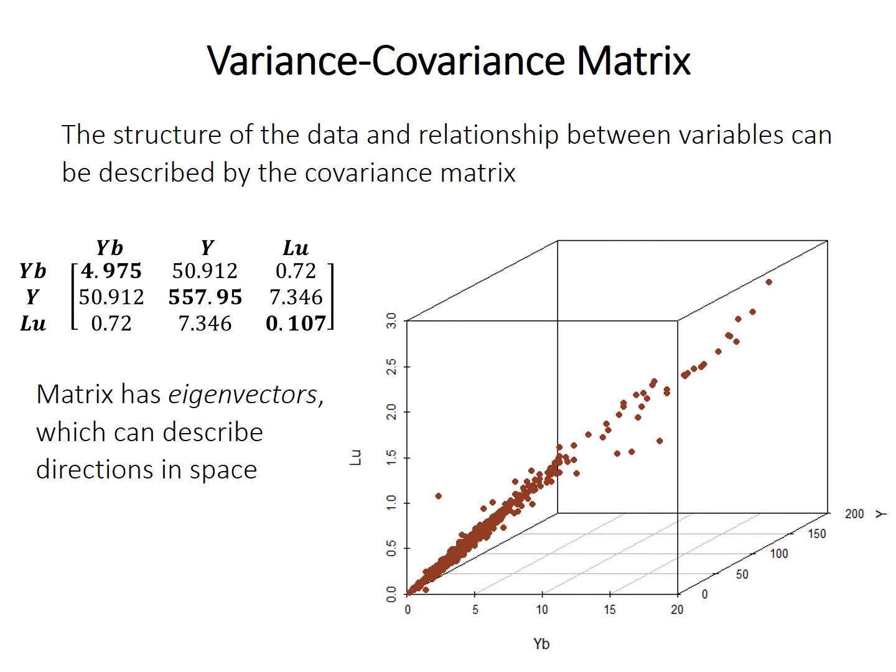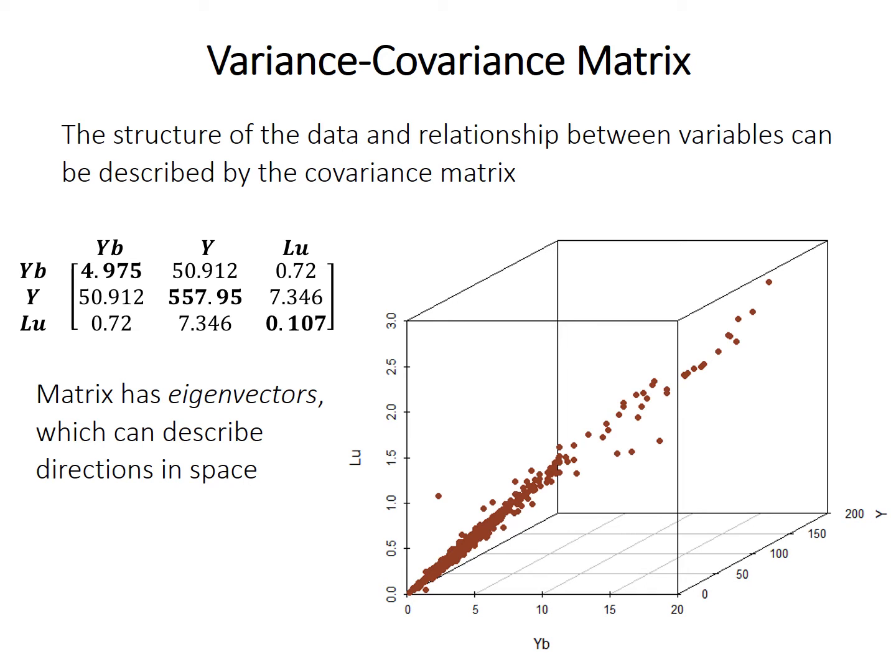Okay, so one way to describe the structure of the data, the relationship among the variables, is with this variance-covariance matrix. It gives the variance of each measurement as the diagonals in bold in the example here, and the covariance between all the pairs of variables. This particular matrix, like all matrices, has properties called eigenvectors.